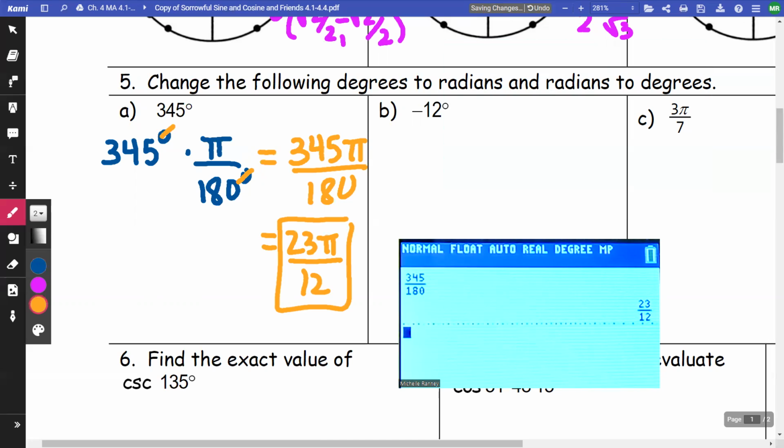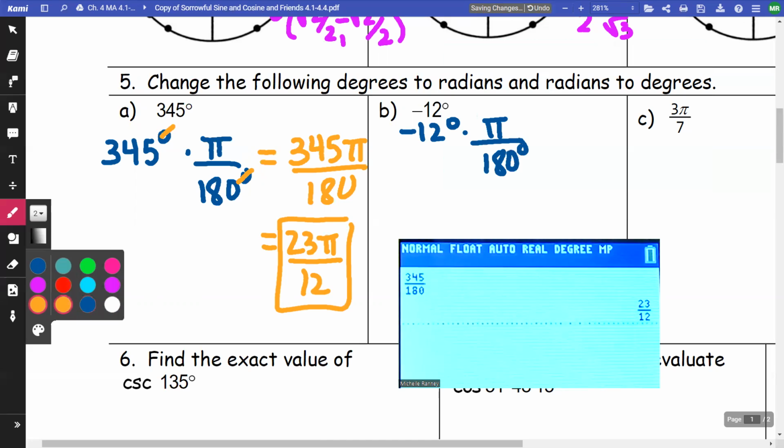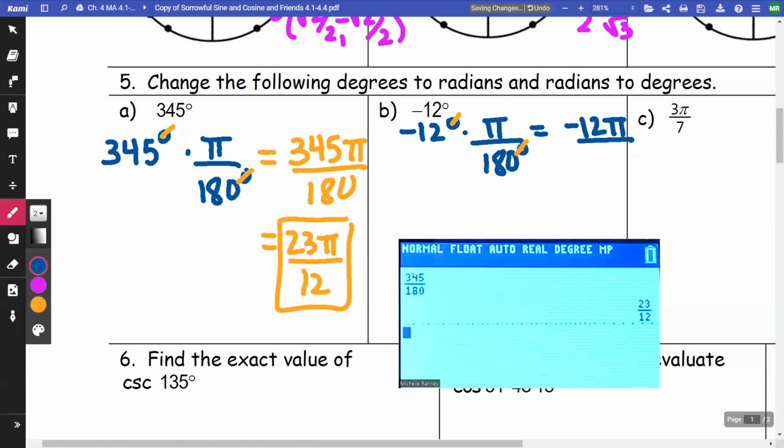For -12 degrees, I'm going to times it by pi over 180 degrees. Again, the degrees cancel out. So I am going to end up with -12 pi over 180.